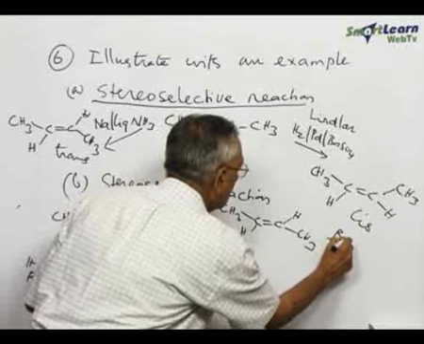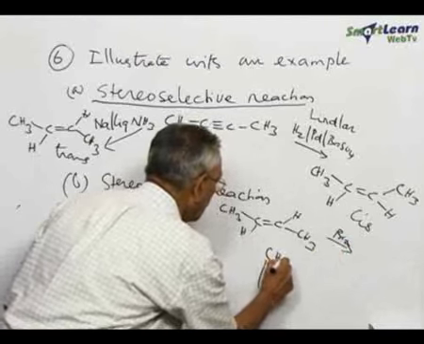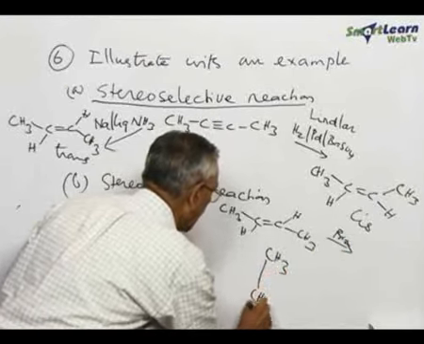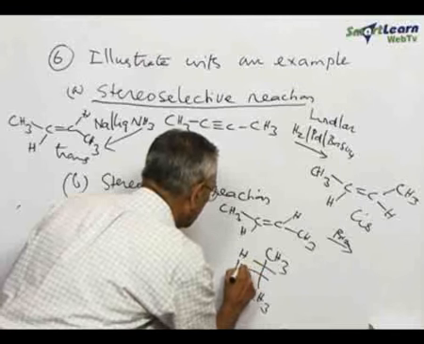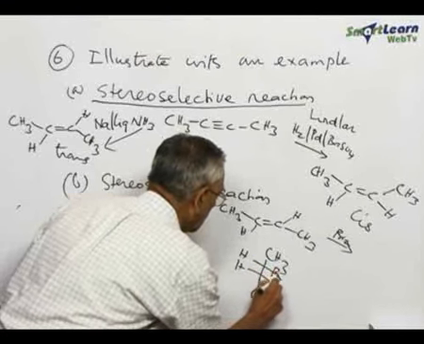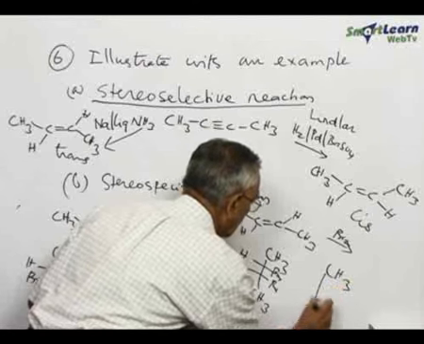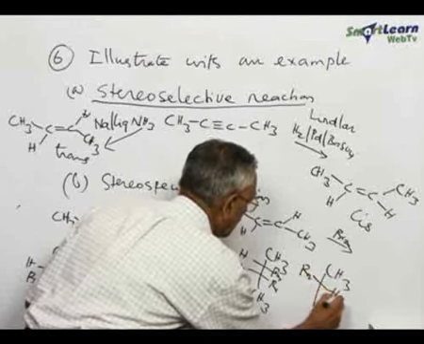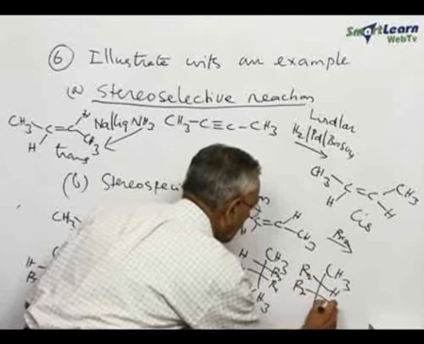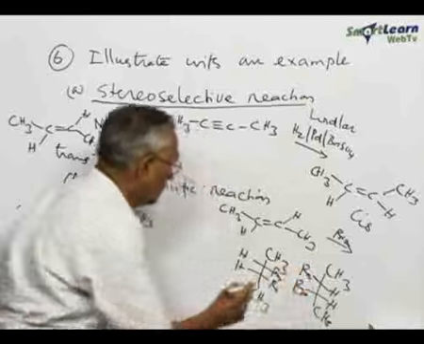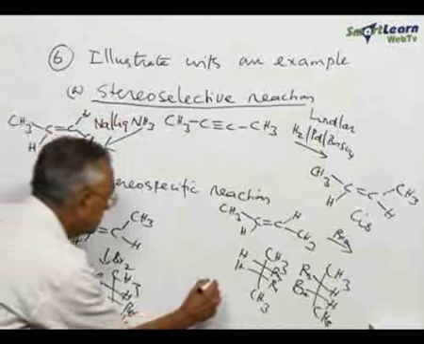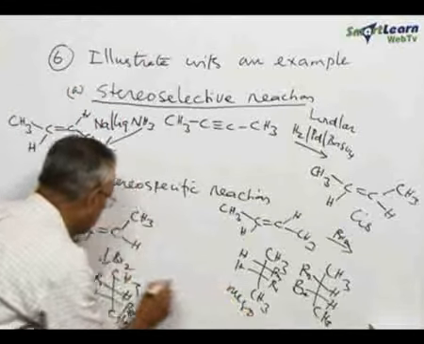Treat with the same bromine, you will get a meso product. What is a meso product? It is actually optically inactive. This is meso, this is DL.